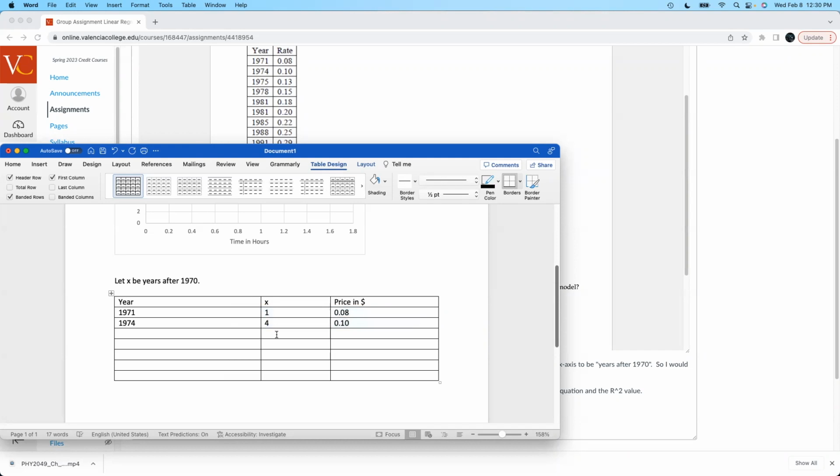And here we'll put a couple more in. 1975 was 5 years after 1970, and a postage stamp cost $0.13 then. Now we're 8 years after 1970, and that's 15 cents, $0.15. So these are the numbers. I can just copy and paste these.